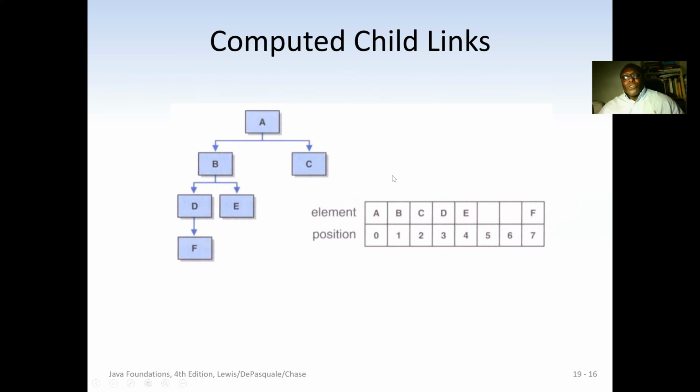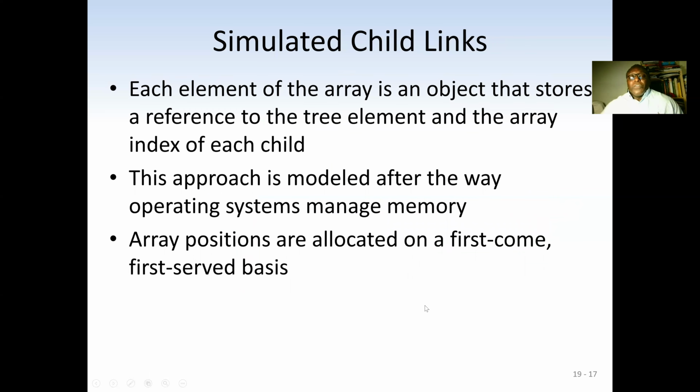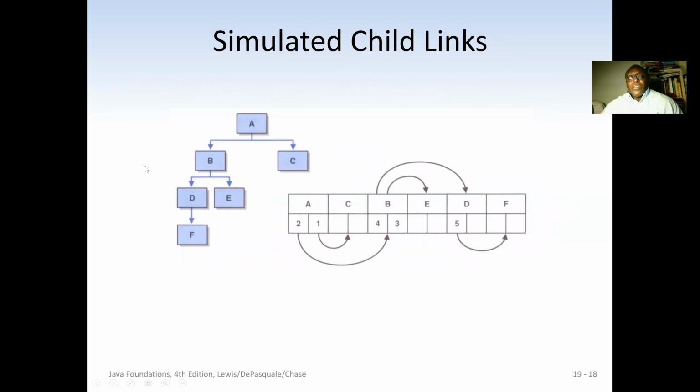E is also supposed to have 2 children, so we have to reserve 2 spaces. So this makes array implementation not too efficient. We have simulated child links here. Again, the same concept. We can see A, B, and C, the 2 children. We have to leave 2 spaces for all, because this is a binary tree. 2 spaces means the 2 children.